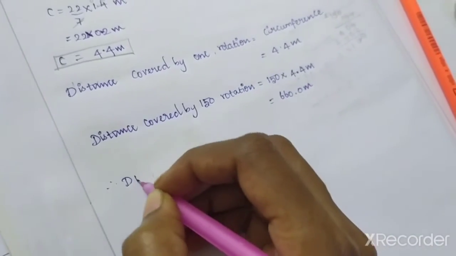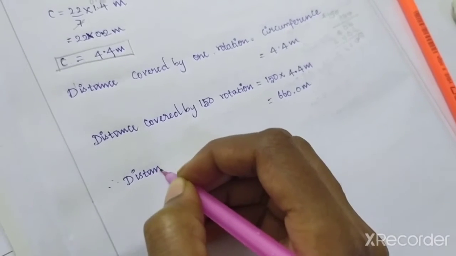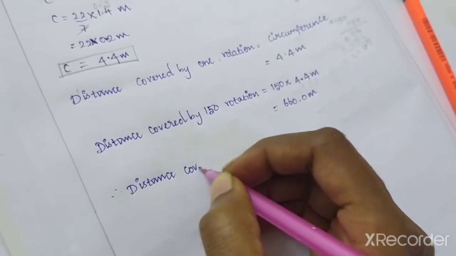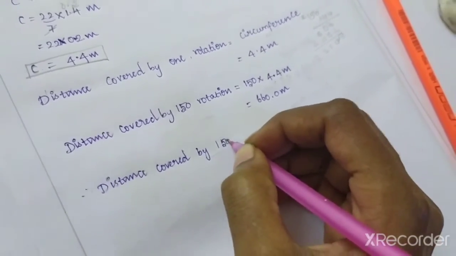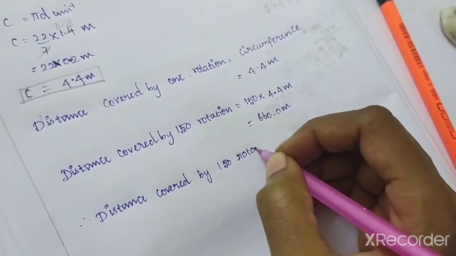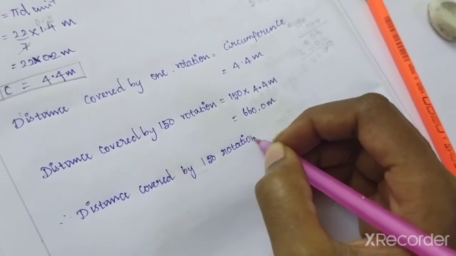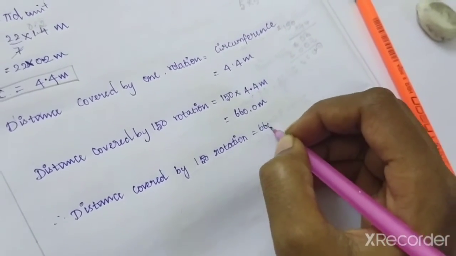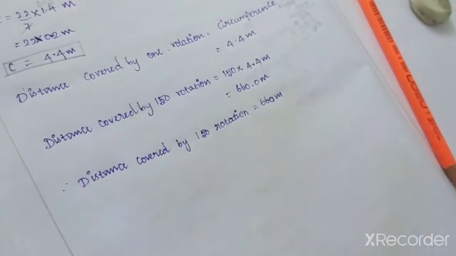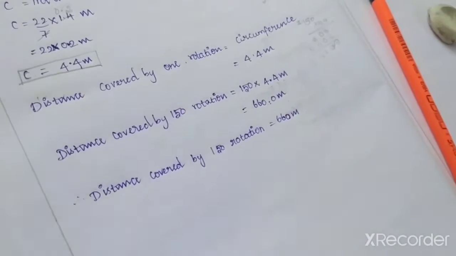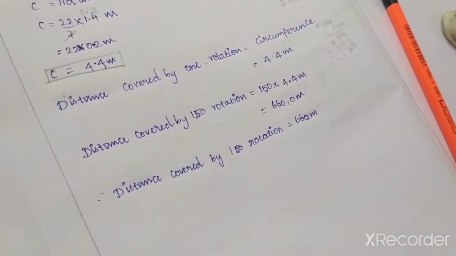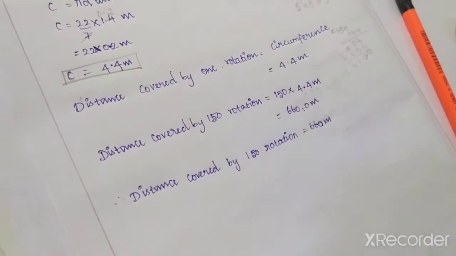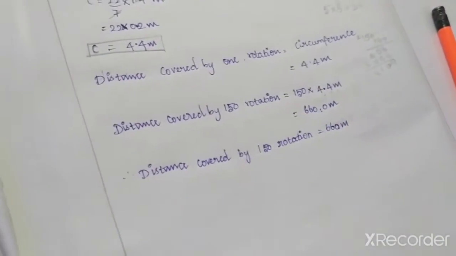Therefore the distance covered by 150 rotations is equal to 660 meter. No need to put a 0 after putting a point. After putting a point, no need to put a 0. We already know these rules, right?